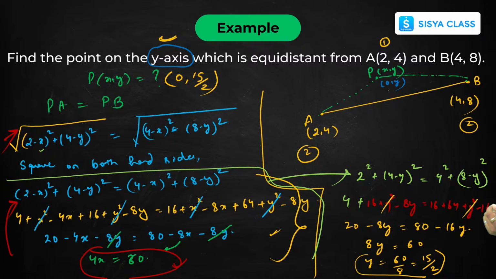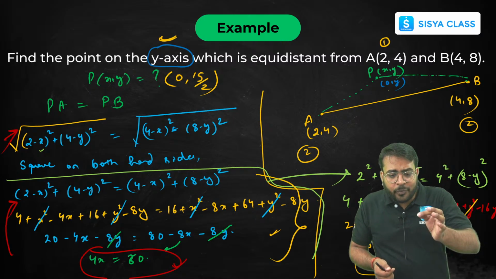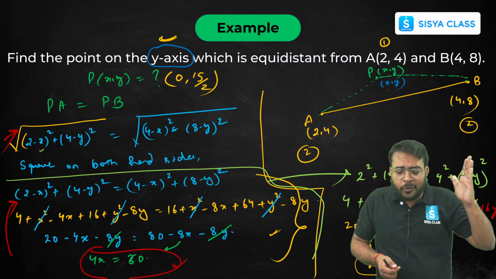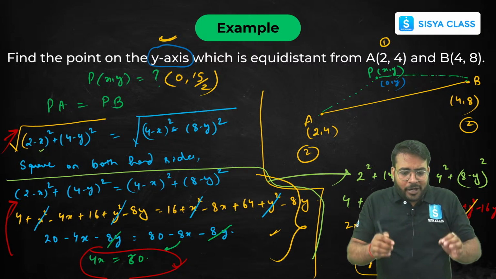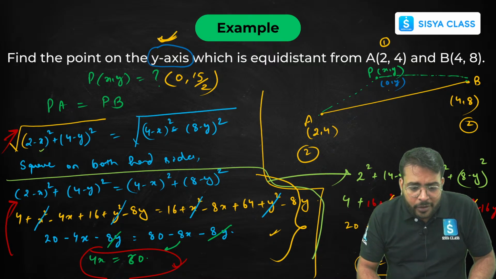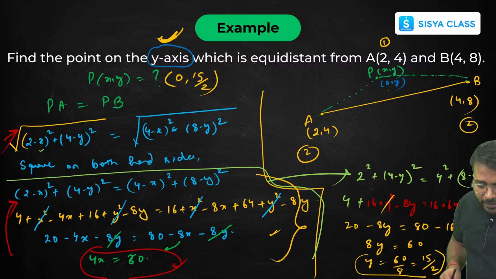So apart from the point lying on the x-axis, we can get some point on the y-axis also. We can get any point on the xy plane also, where the distances are going to be equal. Understood? But we have to make sure about this statement, that this point has to lie on the y-axis beta.